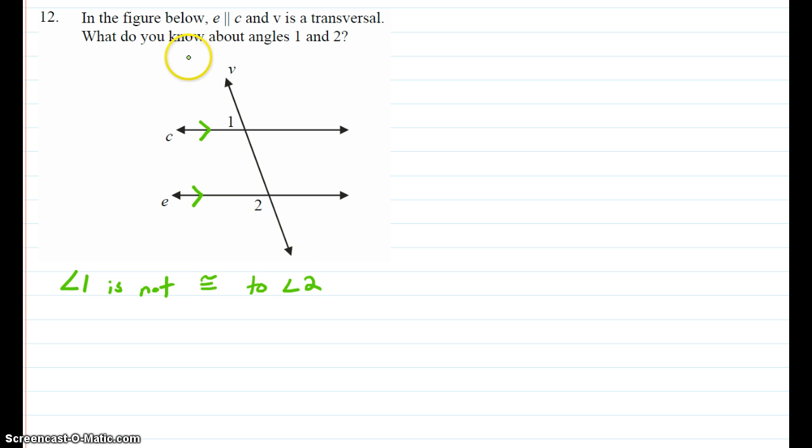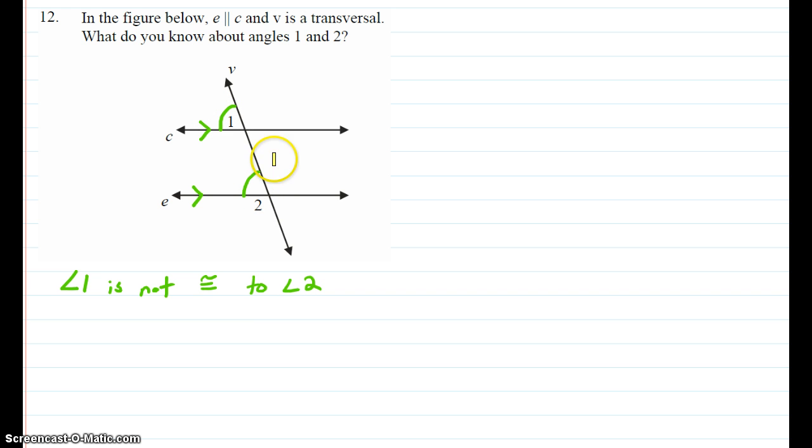But what we just talked about in the last example, if we look at angle 1 and we think about the different types of angle pairs, well, angle 1, if we were to slide it down to right here, these two would be corresponding angles. And so now we know that this angle here has the same measurement as angle 1 because they're corresponding angles and corresponding angles are congruent.